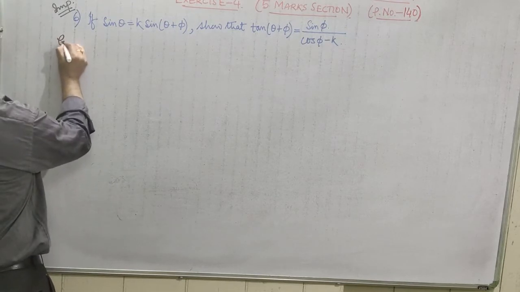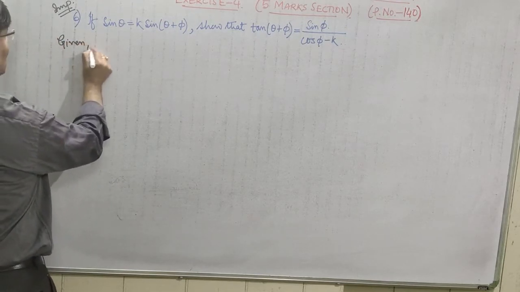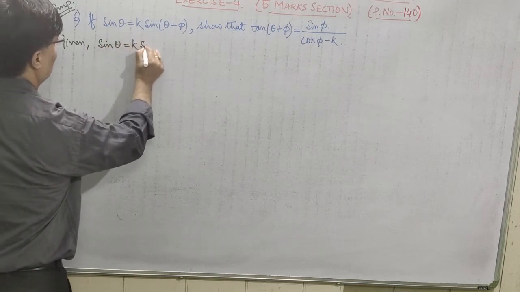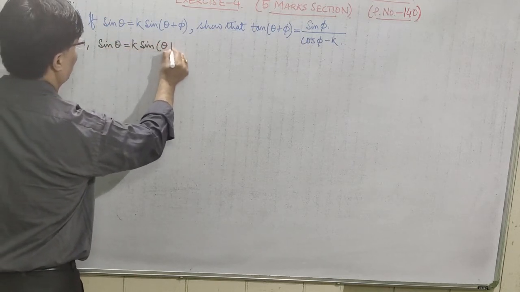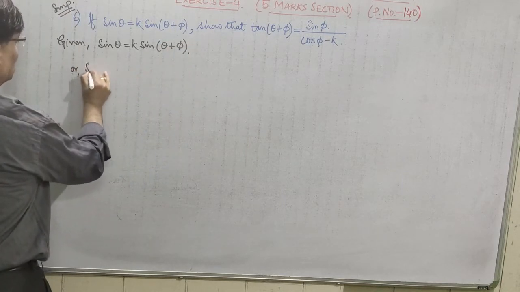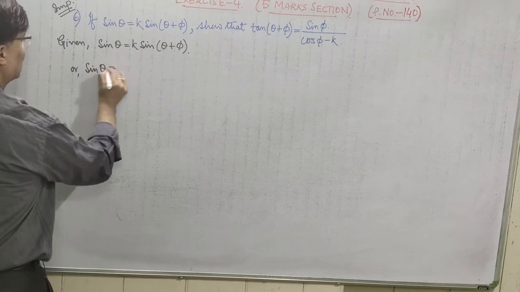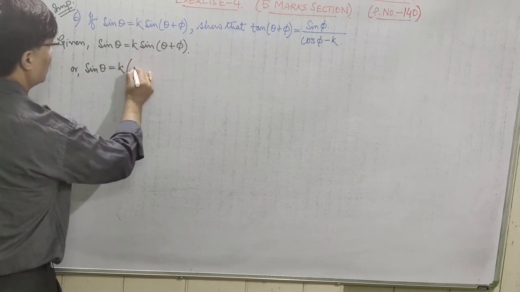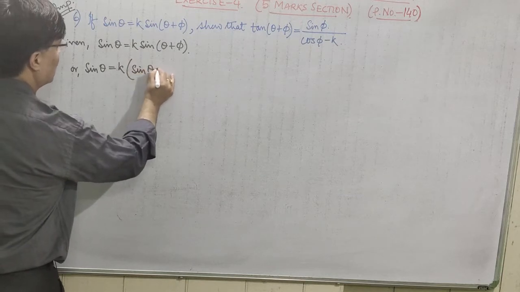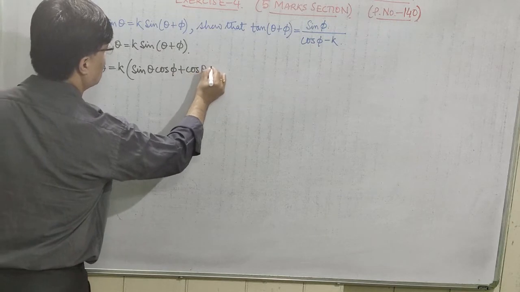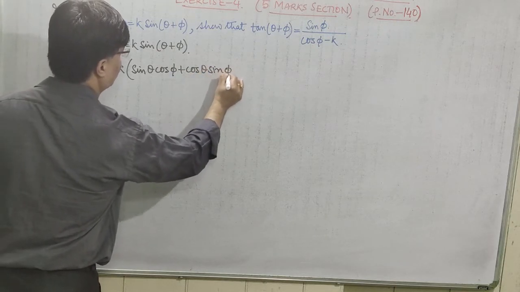So let us write down the given first. What is given here? It is sin θ = k sin(θ + φ). So let us simplify it and get the value for tan θ from here. Sin θ is equal to k. What is sin(A + B) here? This is sin θ cos φ + cos θ sin φ.